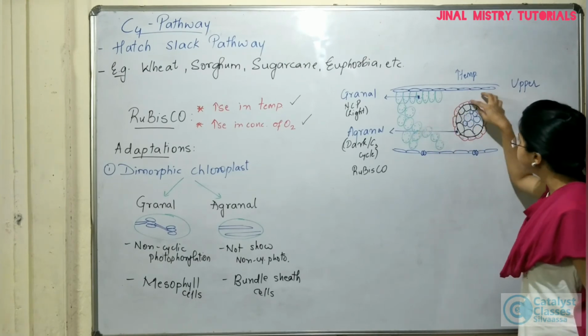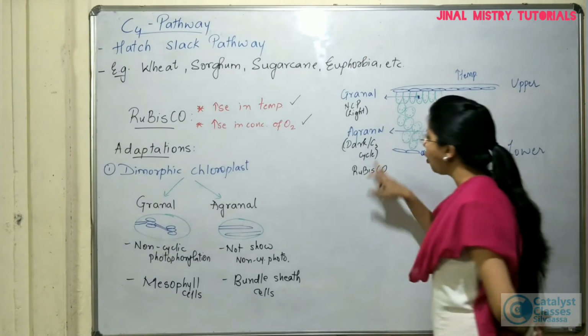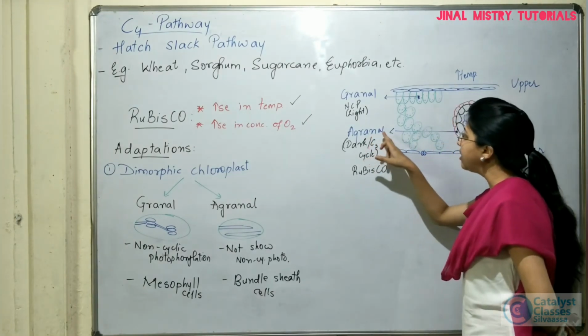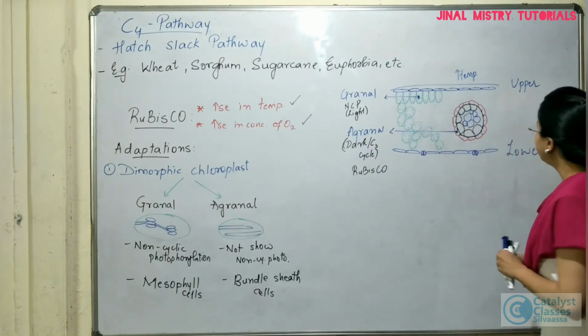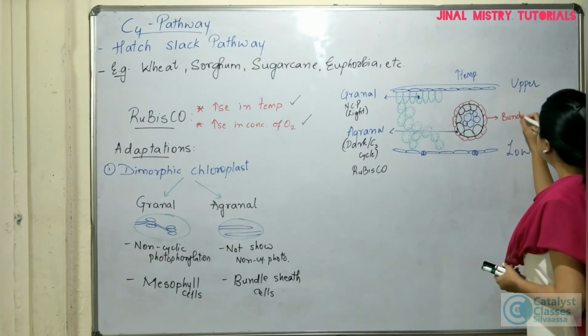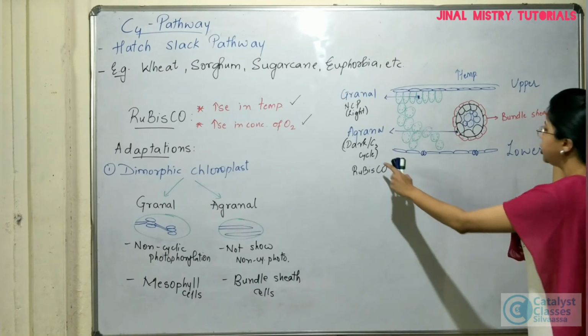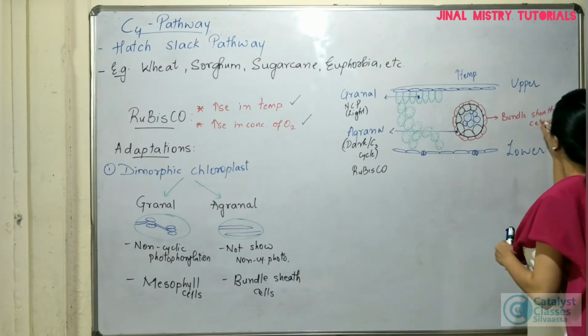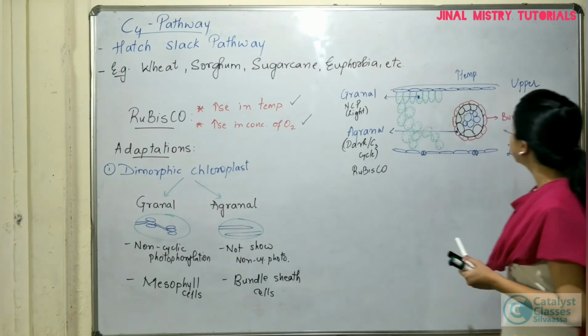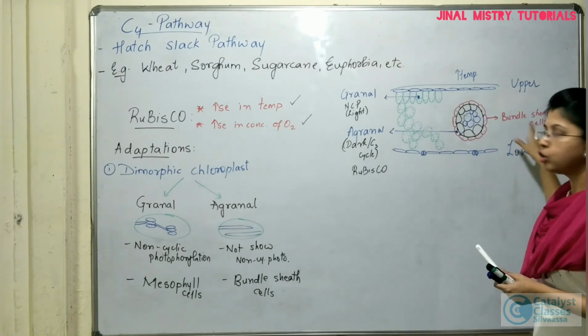Instead, the Rubisco is present in the deeper cells called the bundle sheath cells, which show the presence of agranule chloroplast. These red colored cells are the bundle sheath cells, in which the dark reaction or the C3 cycle takes place. So Rubisco is present in these bundle sheath cells.